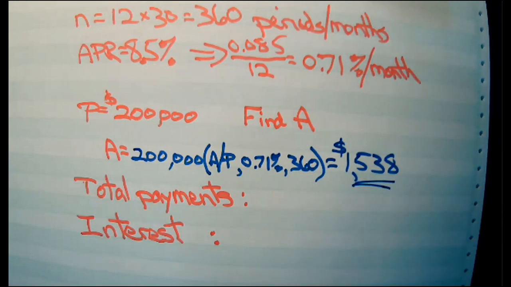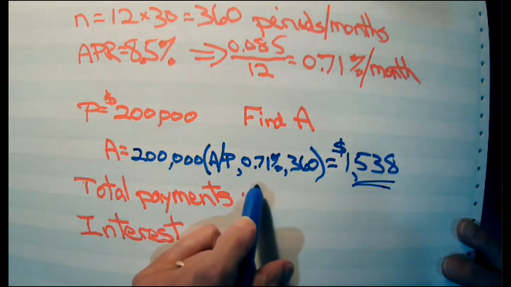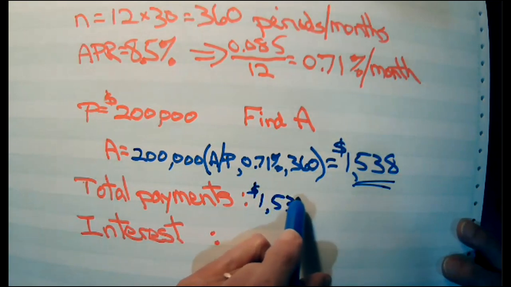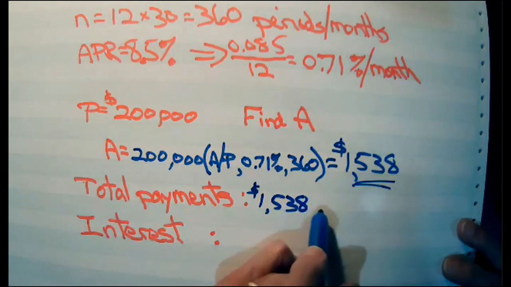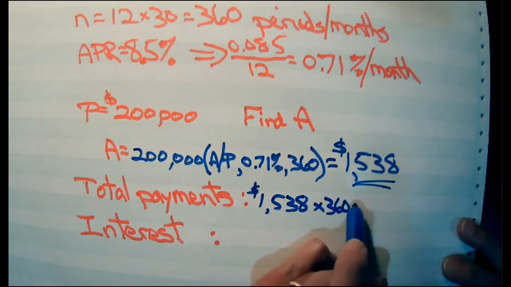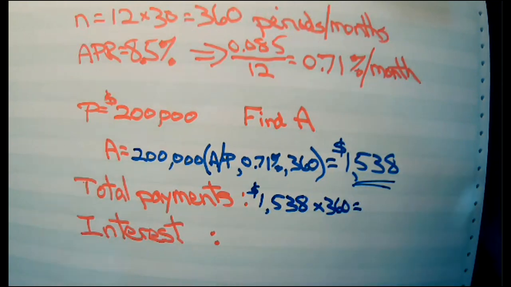Total payments. What are the total payments? Well, the total payments are the $1,538 times the number of payments, times 360. That represents the total dollars that you would pay on this loan, including the principal and the interest.